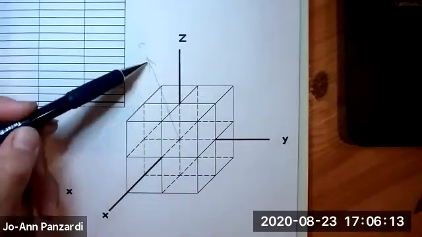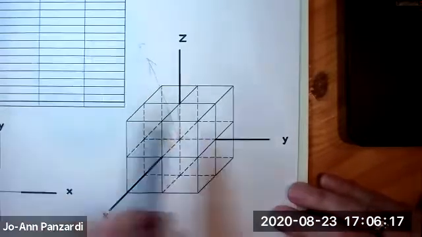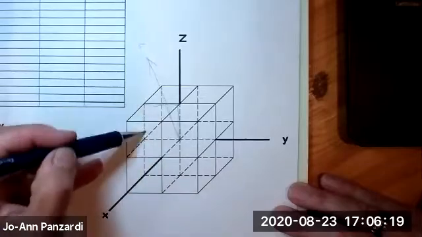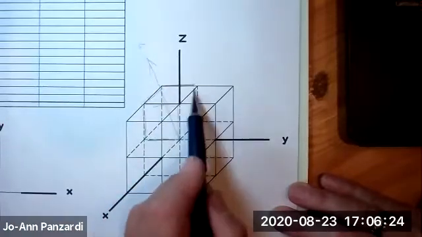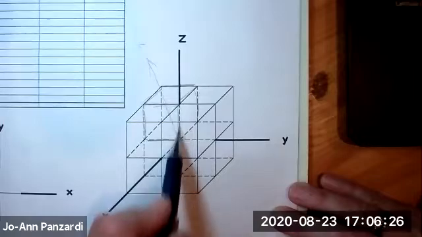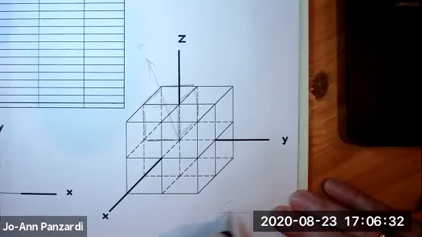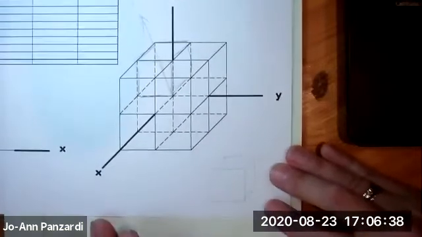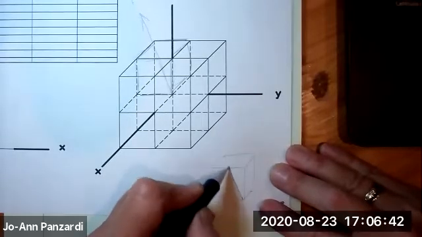This force is going from the front. Let's make this box. Can you see this box? In essence, what's happening is here's my box, and the force is going from this point to this point.